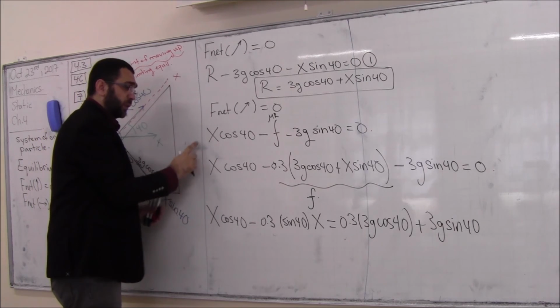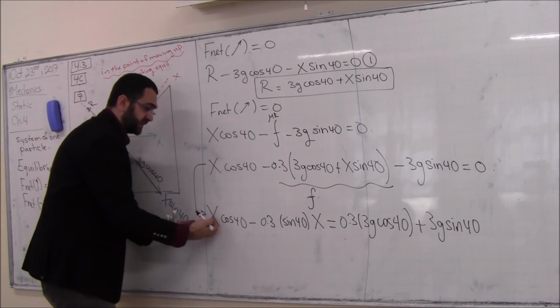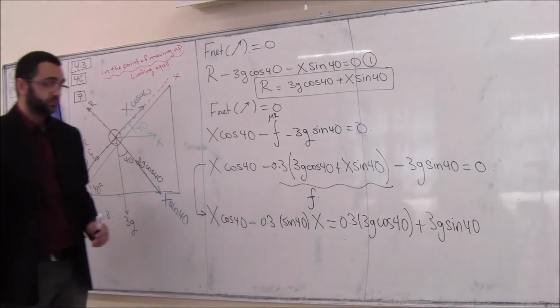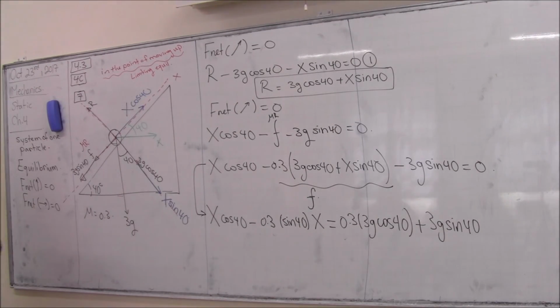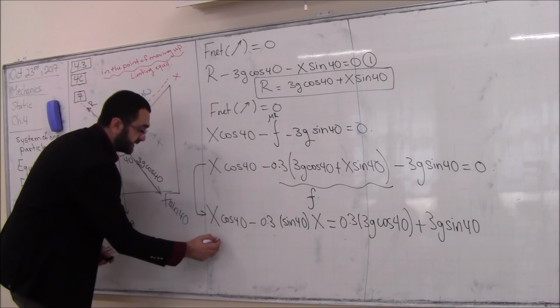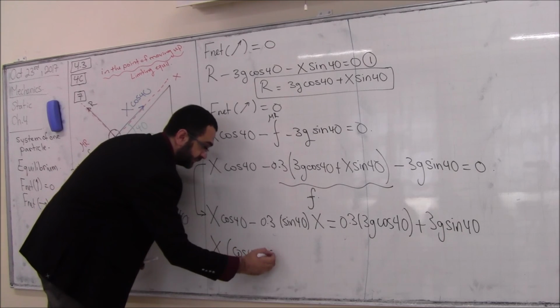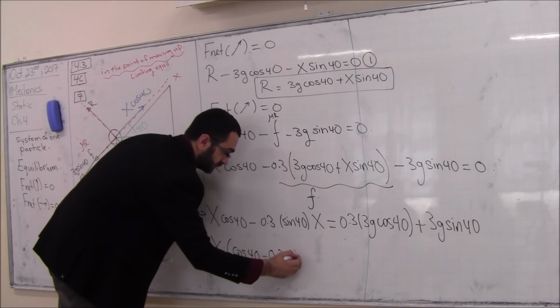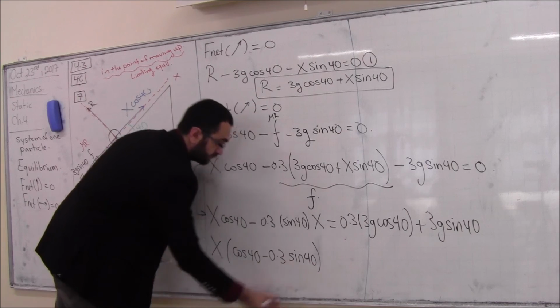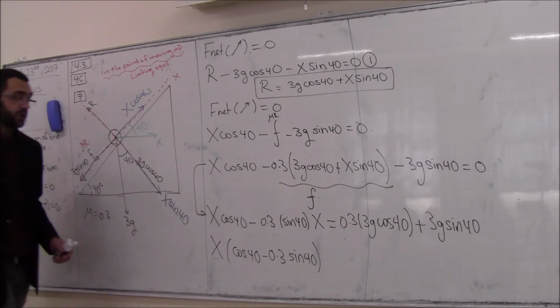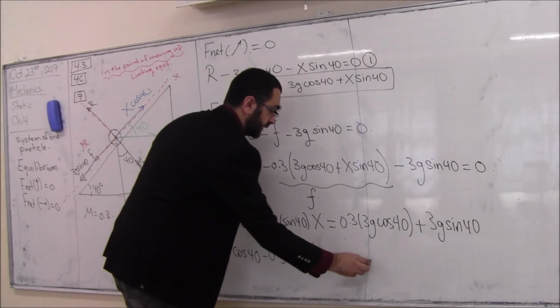I arranged this equation to have x on one side and the other terms on the other side. Now it's a matter of algebra. Take x as a common factor. Equals this term.